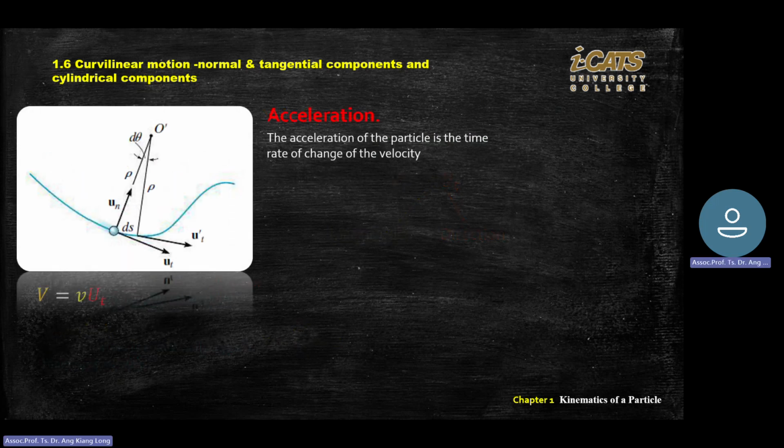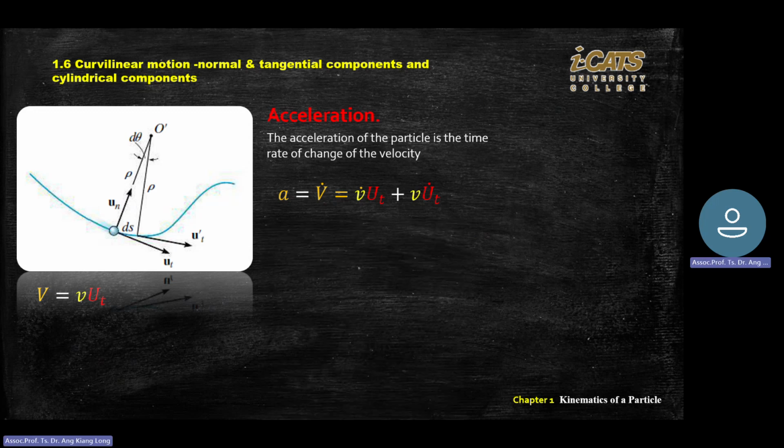Okay, so acceleration. You have v equal to two terms here, one is a scalar and one is a direction, magnitude and direction. So if you differentiate this term, ignore this one first. If you differentiate this vector form, you need to use the chain rule or product rule. So you arrive at this one.